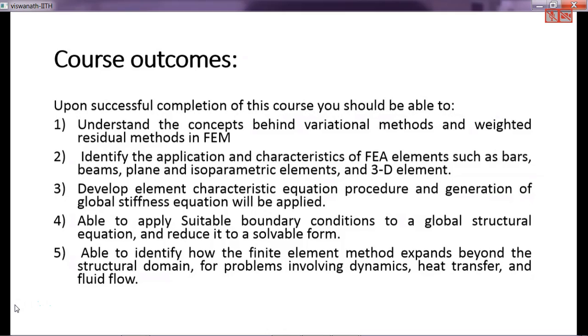Okay. The final thing is to identify how the finite element method expands beyond structural problems, like thermal problems, not only static problems but also equilibrium problems, heat transfer, fluid flow, and other things. So with this as an overview, I would like to say a few things about the finite element.